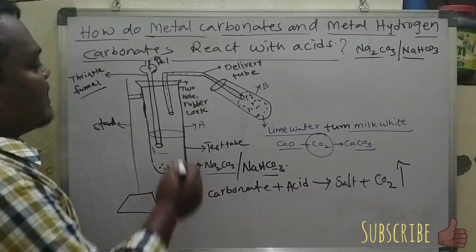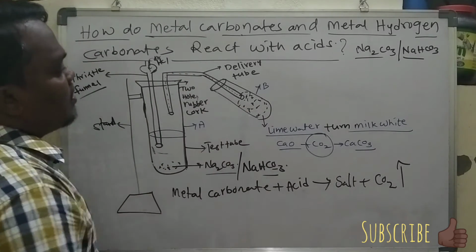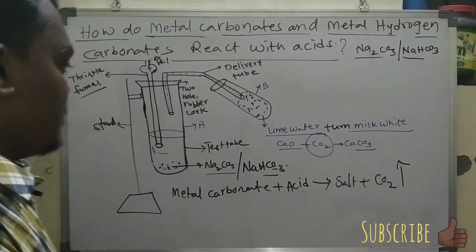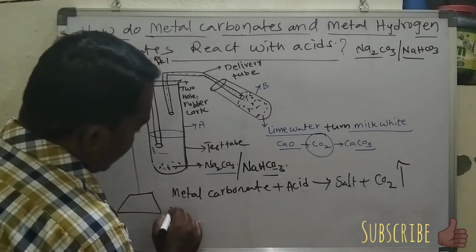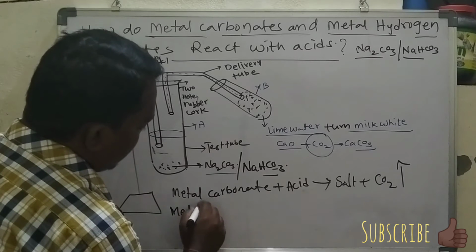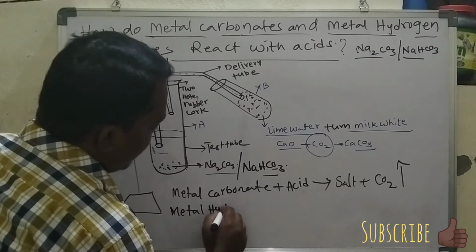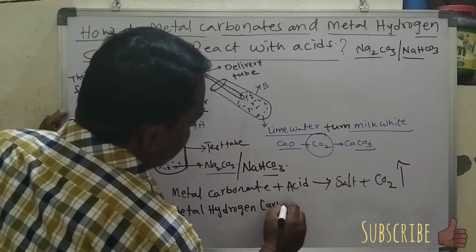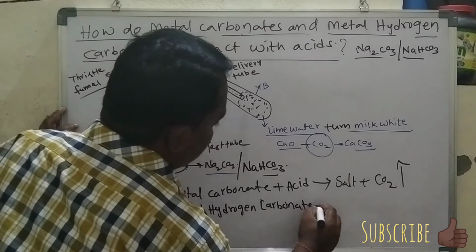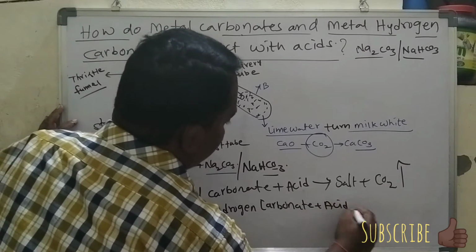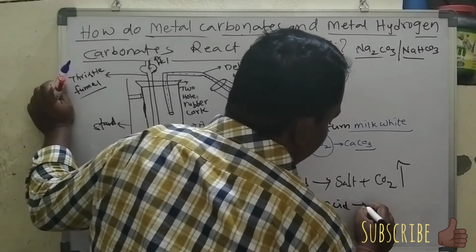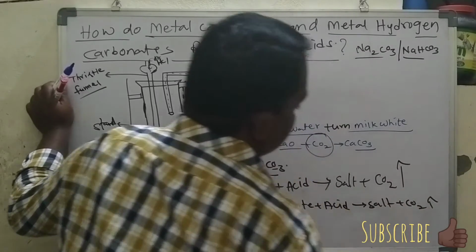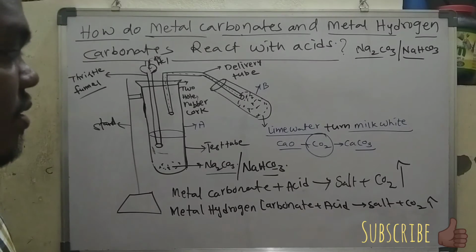We get a gas, and this gas also turns the lime water milky white, right? So here we also conclude that a metal hydrogen carbonate reacts with an acid to form a salt and carbon dioxide gas. Okay?